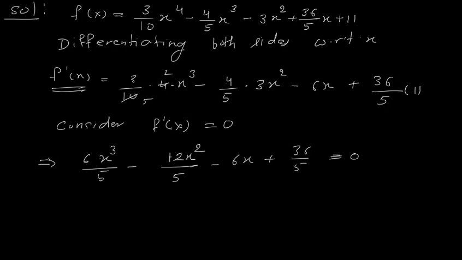I will take 6 upon 5 common. So after taking 6 upon 5 common, inside we have x cube minus 2x square minus 6x... here 5 is not there, so first we multiply and divide, so it will become minus 5x, and this will become plus 36.